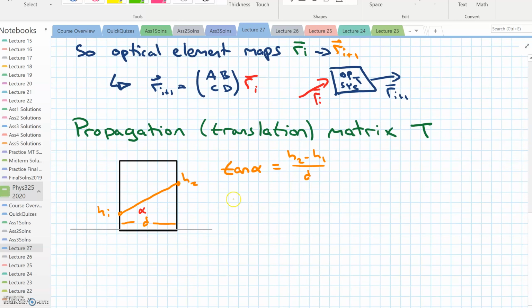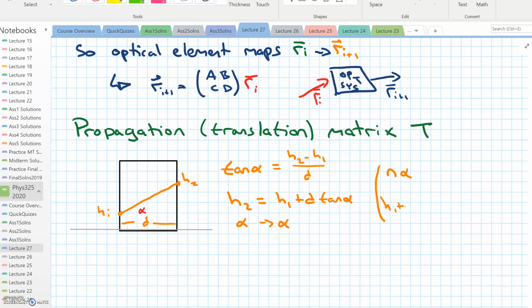Let's try to rearrange this. H2 is equal to, that's what H2 is going to go to, and alpha, of course, is just going to stay alpha. So that means what we want is the following matrix. I've just decided we're working in the paraxial approximation.